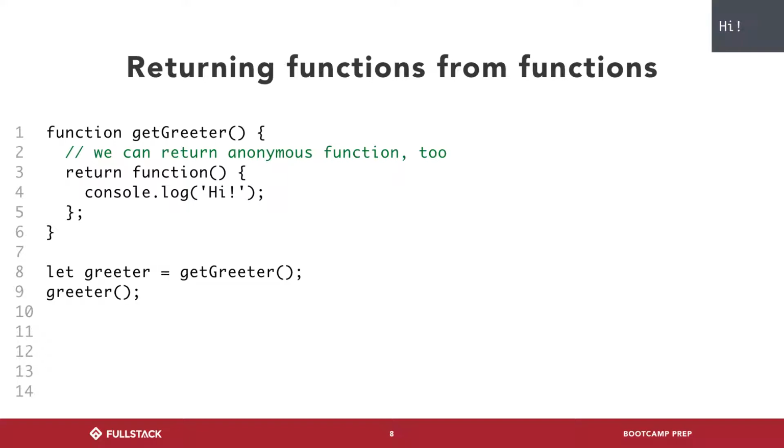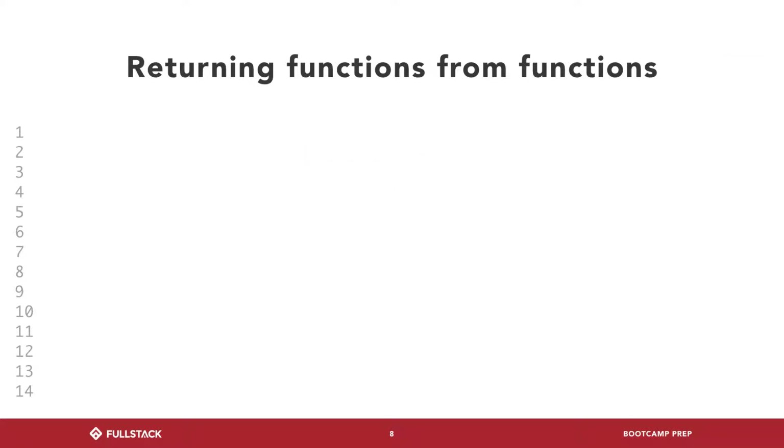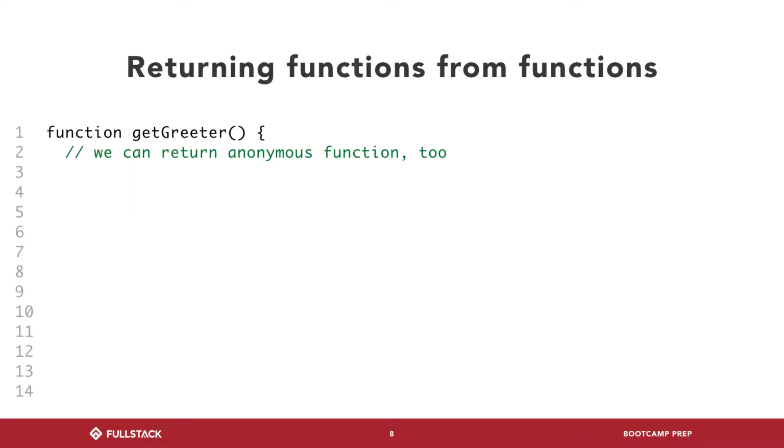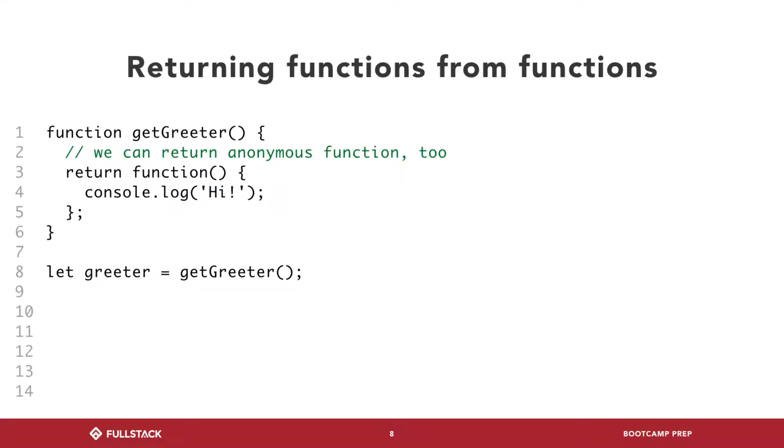Well, we were returning a function last time too, weren't we? It doesn't have a name though. Exactly. Last time we created a function, we gave it a variable name, and we returned the variable. This time, so this is the last example, right? We created greetMe on lines 3 through 5, then we returned greetMe. Here, we basically just said, hey, let's get the same thing accomplished, except we won't ever have this intermediary variable called greetMe, right? We'll just create a function and return it right away in the same line there on line 3.